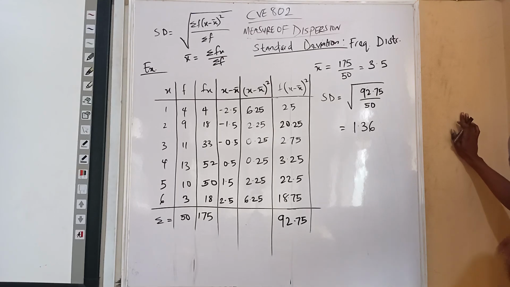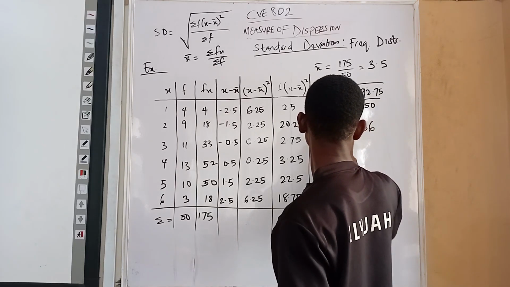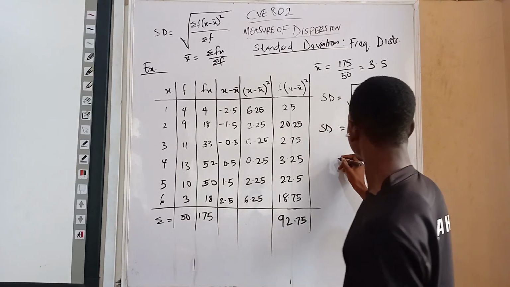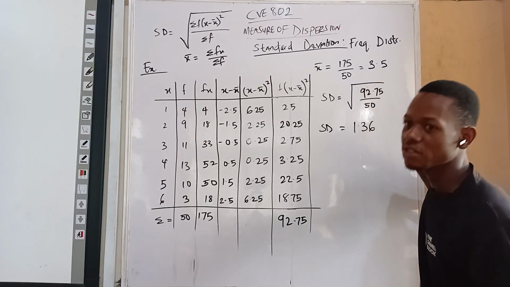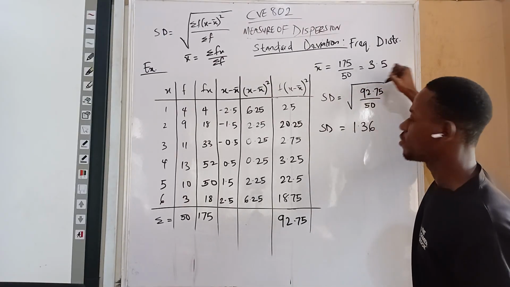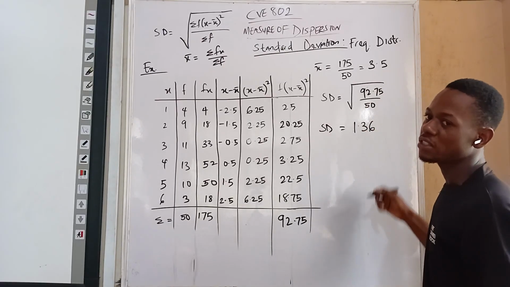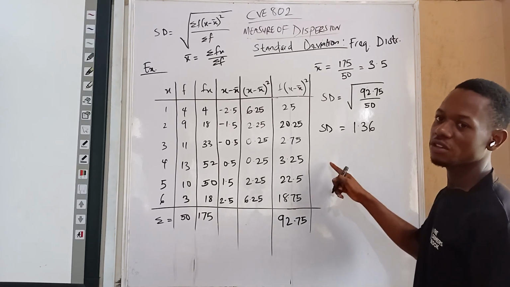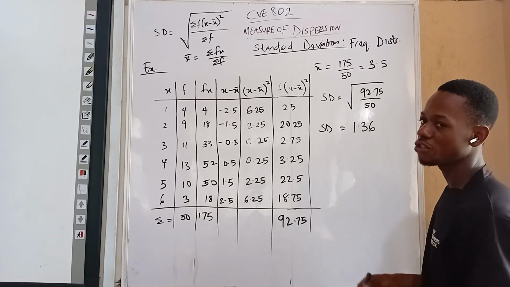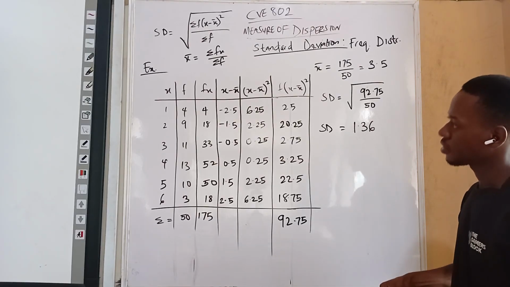The standard deviation is the square root of the variance, so everything inside this square root is our variance. If you are given the variance and you have to find the standard deviation, just find the square root of the variance. If you are given the standard deviation and you have to find the variance, just square the standard deviation.